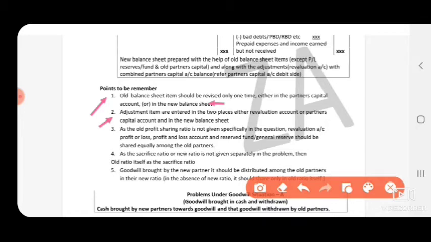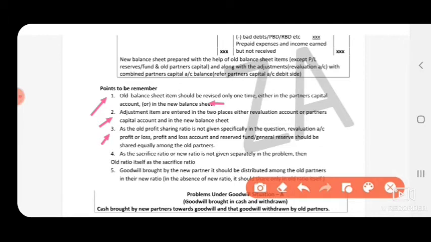Next, second point, adjustment items enter in 2 places, either revaluation account or partner's capital account and in the new balance sheet. So it's clear that adjustment enter in 2 places, either in revaluation account or a partner's capital account, and one more time in the new balance sheet.